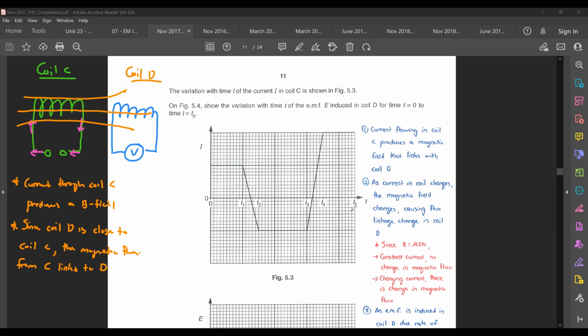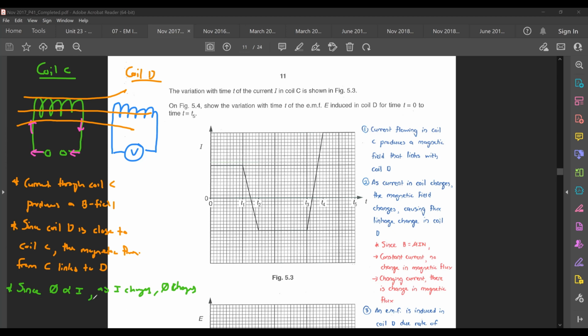So since they're very close, you can imagine that the magnetic flux that was produced by coil C, some of it actually went through to coil D. It was linking to your coil D. There's actually now flux linkage in coil D. And then after that, another thing to note here is that since flux is proportional to current, as current changes, flux changes.